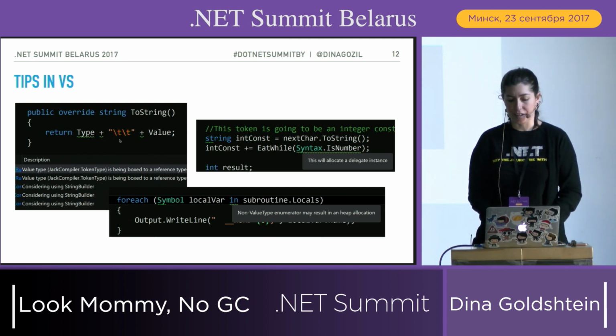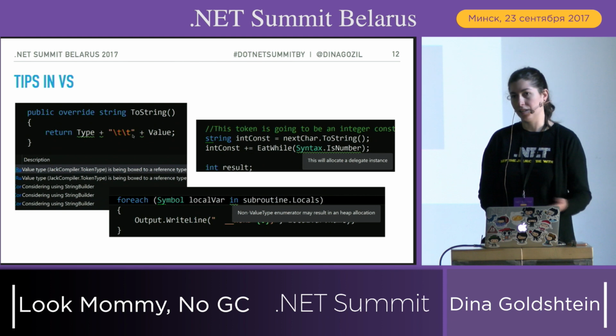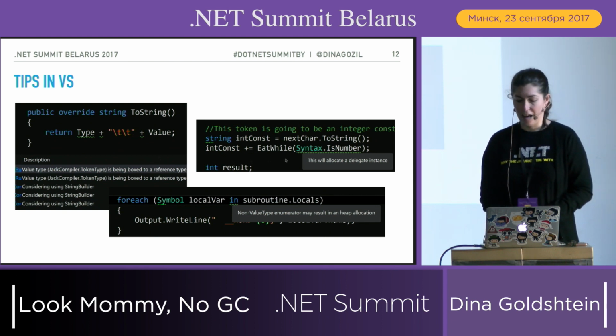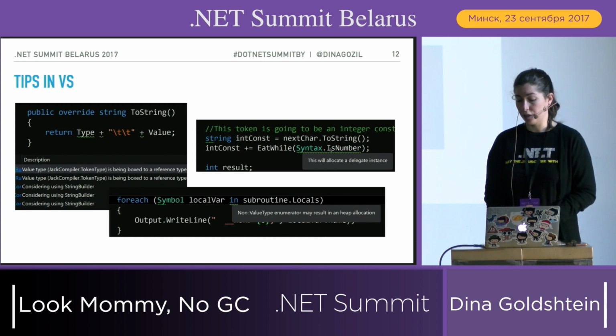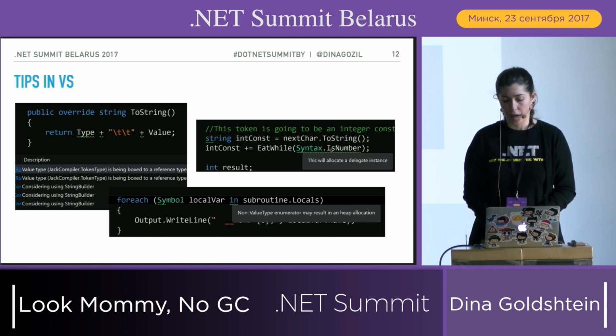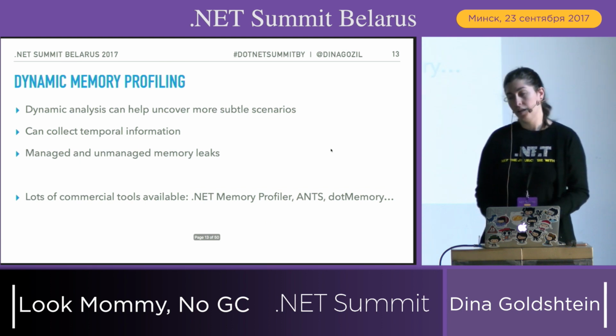So we can see here that we have all these squiggly lines. That's because this concatenation causes memory allocation. And we have this memory allocation here, which we're going to see later what happens there. So you can get rid of these places while writing your code, which is pretty cool.